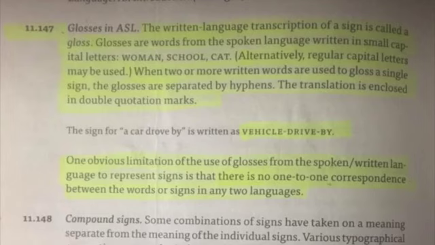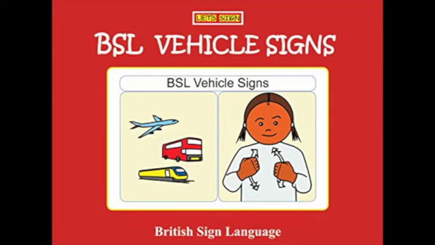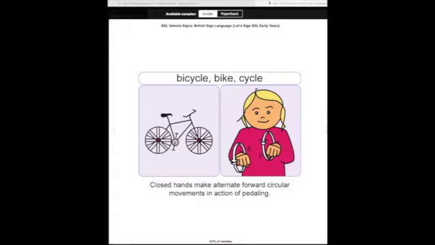The only way I'll be able to sign that is if there were signs for the words. Now, vehicle could be anything from a bucket carrying water to a car carrying a man or a woman.